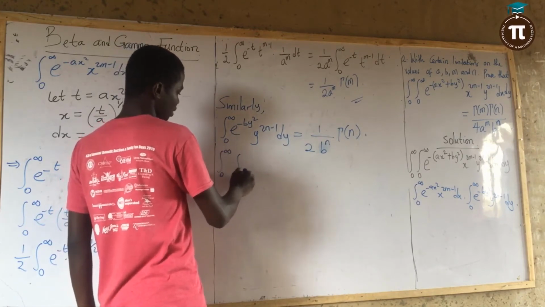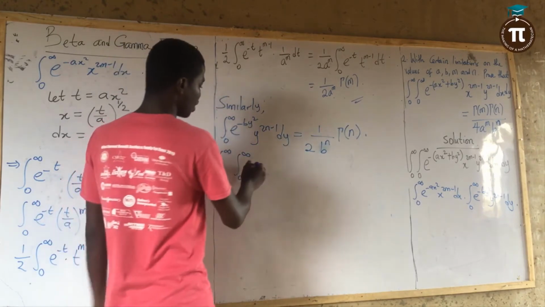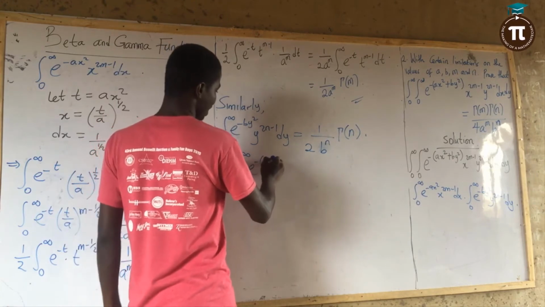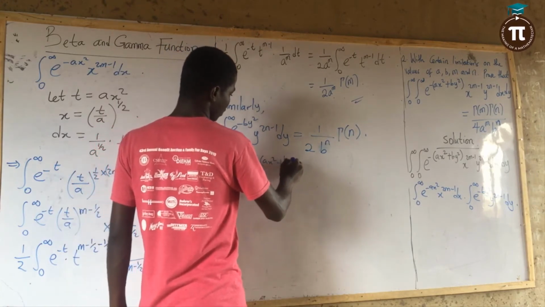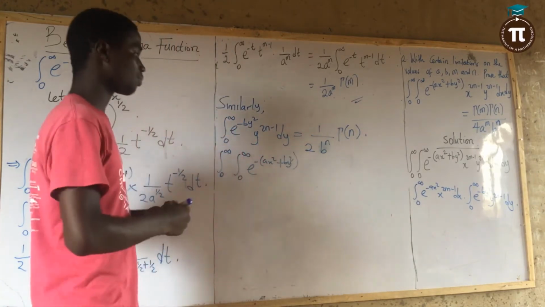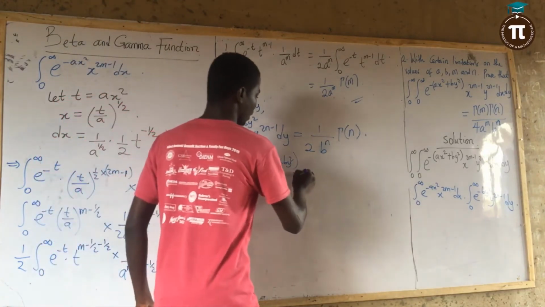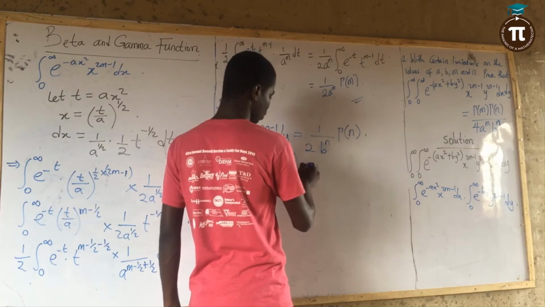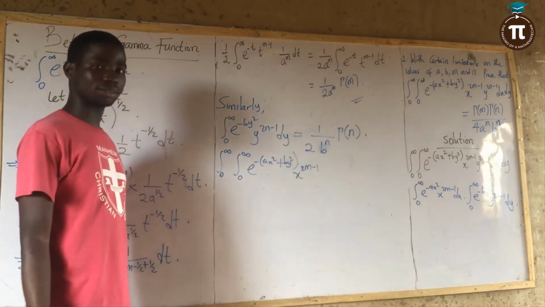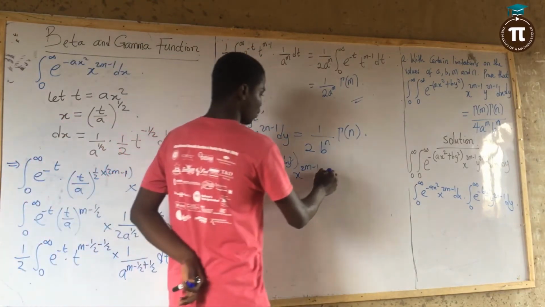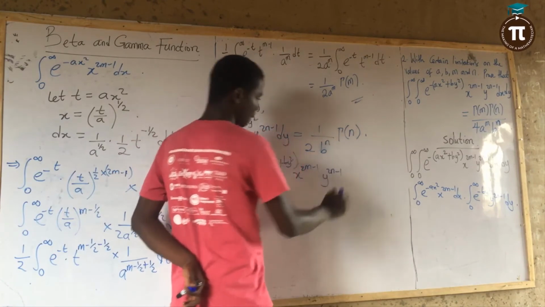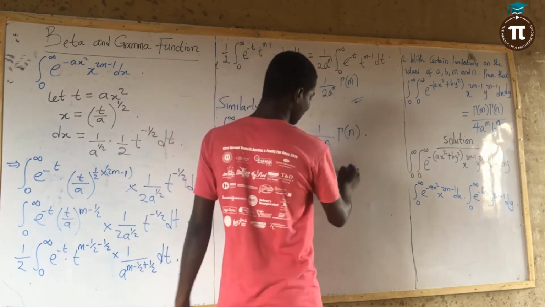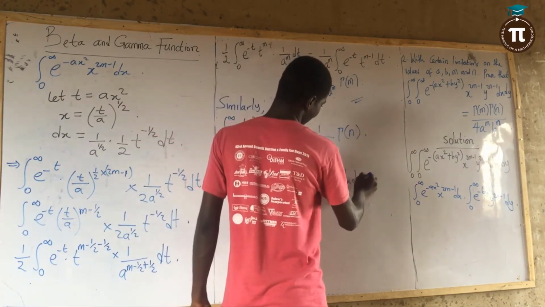Integral from 0 to infinity, integral from 0 to infinity of e raised to power of minus a x squared plus b y squared, x raised to power 2m minus 1, y raised to power 2n minus 1 dx dy.